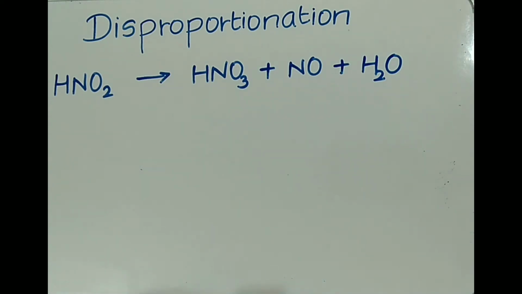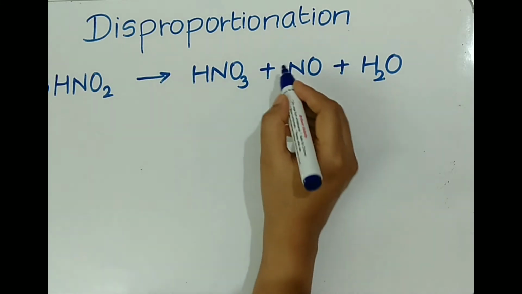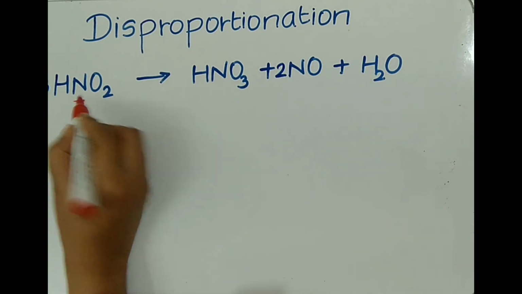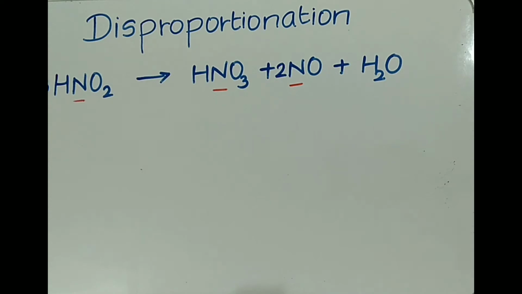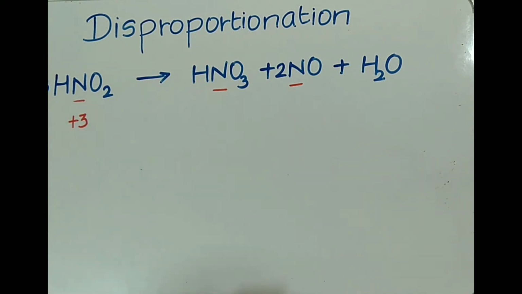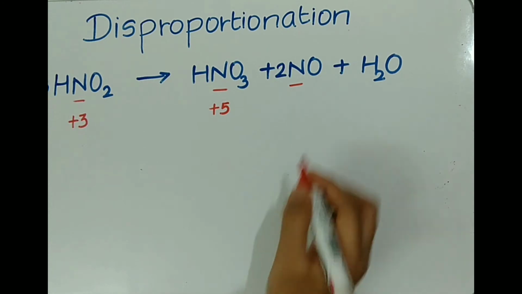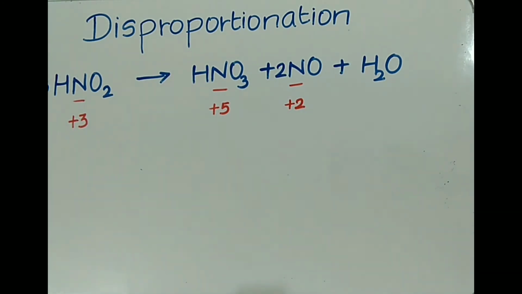Balance the equation: 3 here and 2 NO. Now calculate the oxidation state of nitrogen. In HNO2, nitrogen has an oxidation state of +3. In HNO3, it has +5. And over here it is +2. Correct?